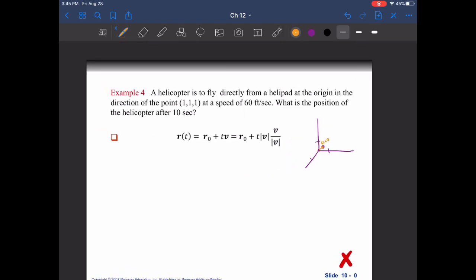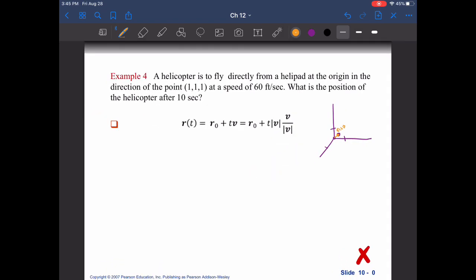vector that we're flying in the direction of 1, 1, 1. Okay? And then it has a speed of 60 feet per second. So speed is just the magnitude of v. All right? And we know then that we've got the length of the velocity vector, and we have the direction of the velocity vector.